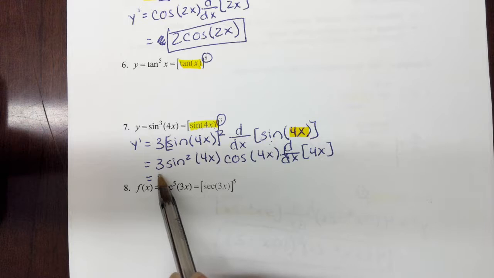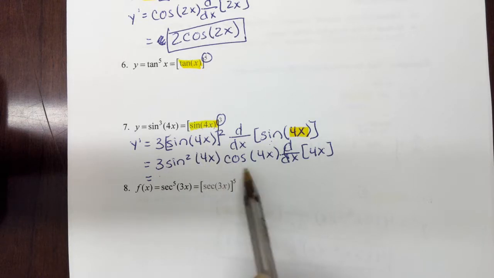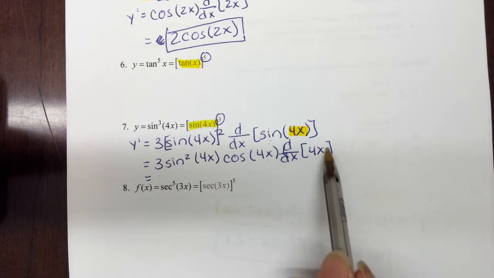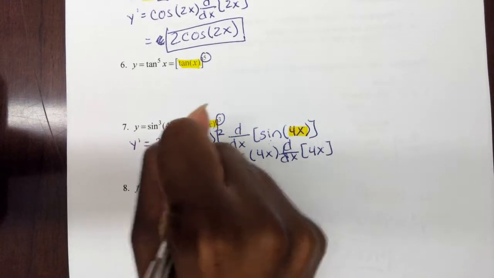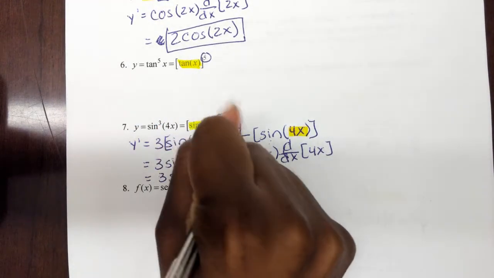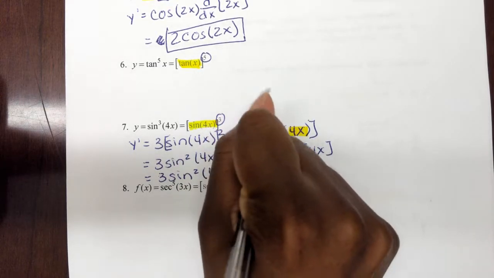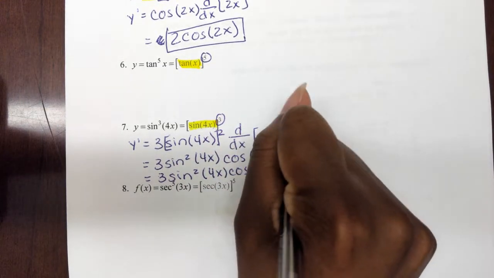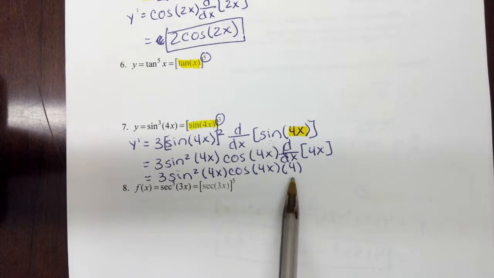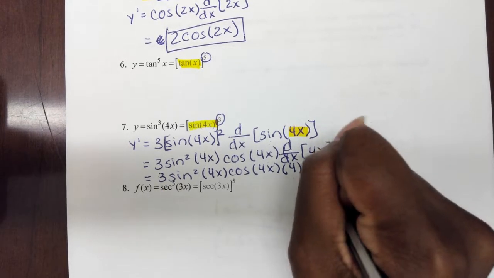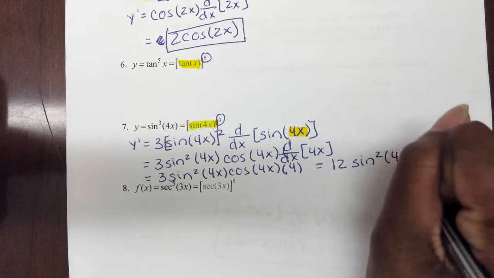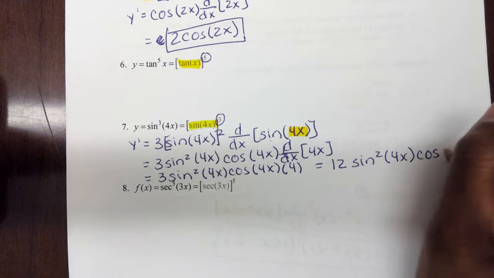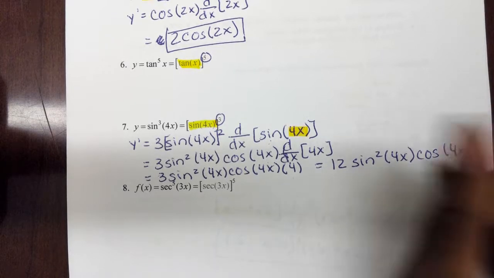So we'll have 3 sine squared 4x cosine 4x times 4. And since this is all multiplication, I can multiply the 4 and the 3. So I have 12 sine squared 4x cosine 4x.